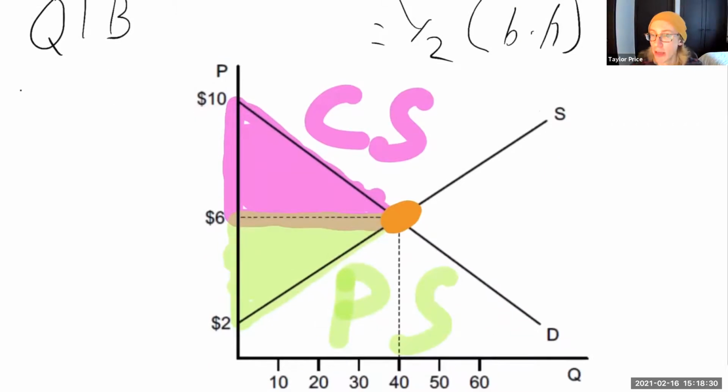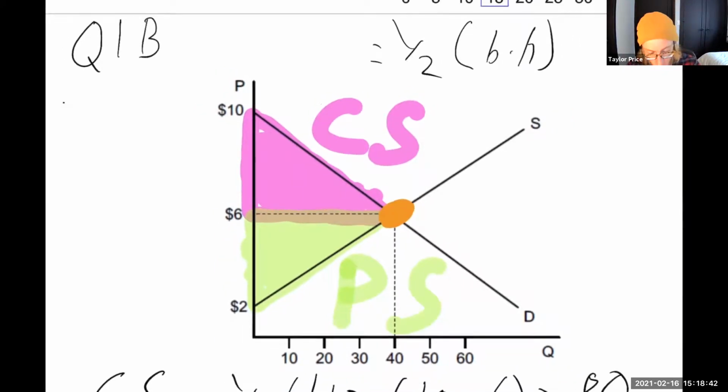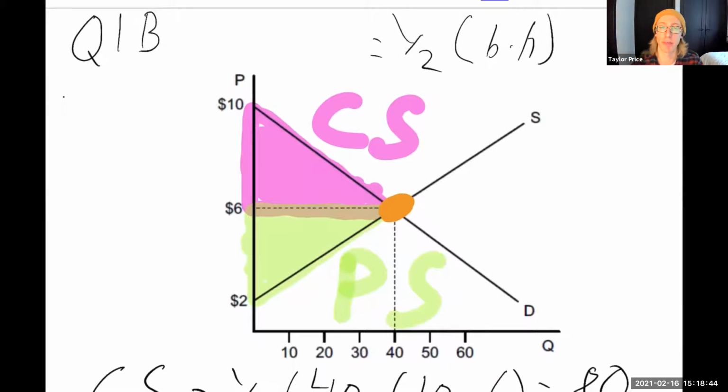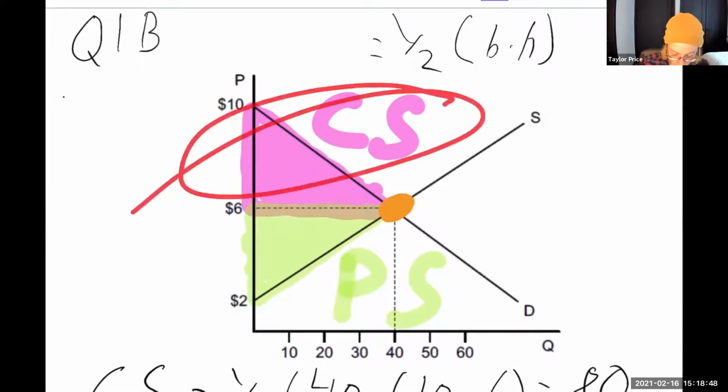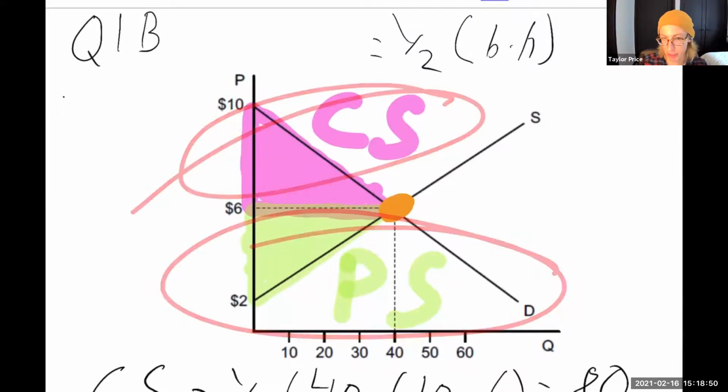I don't think I'm going to ask this question on Top Hat, just because we're running a little short on time, but I will still go over it to make sure everyone's following along. This example has us calculate consumer surplus and producer surplus.